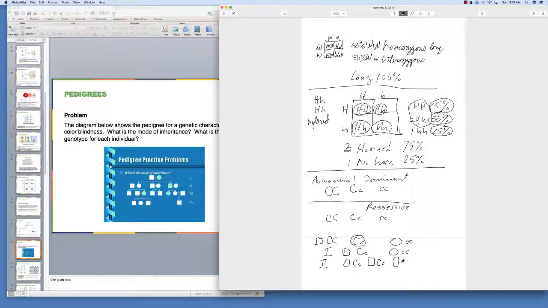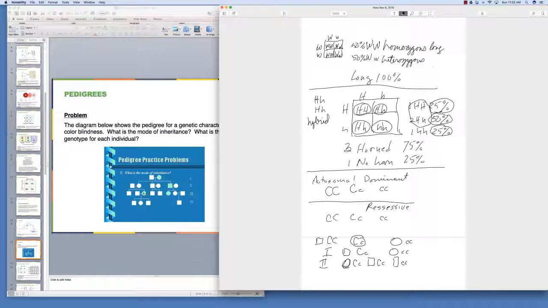So in that second generation, this one is cap C little c, and this is cap C little c. And these all have to be this way. To go to the next generation, now the fact that you have two unaffected parents, and you know that the female here is cap C little c.